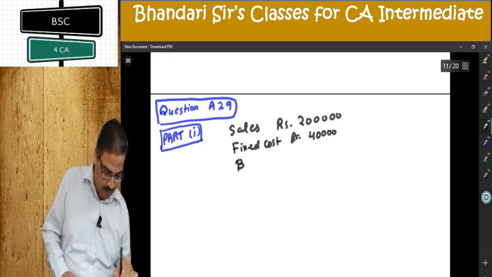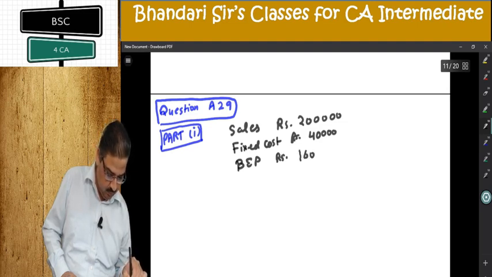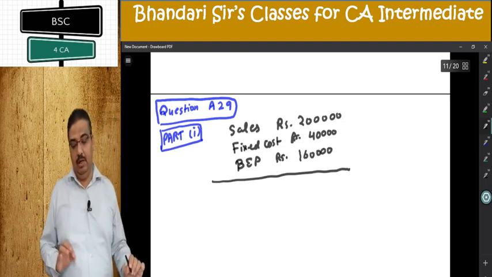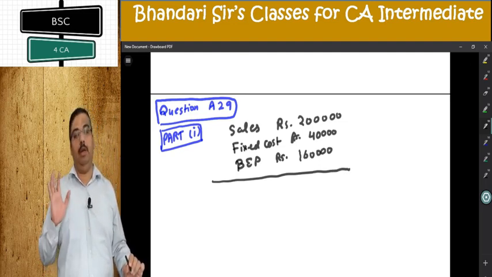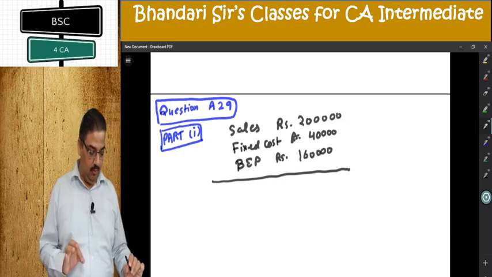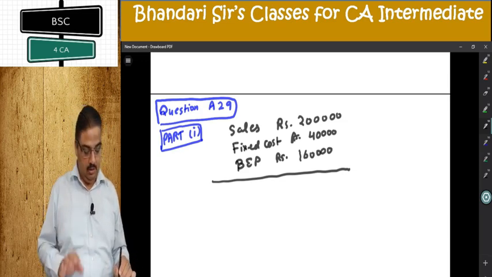It gives me break-even point in rupees 1,60,000. Now that break-even point is going to be a starting point. That is where we are going to analyze the things.